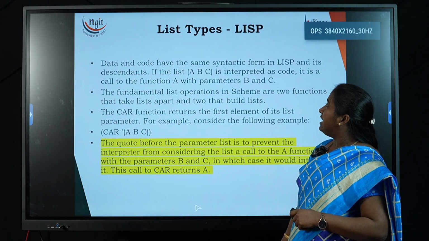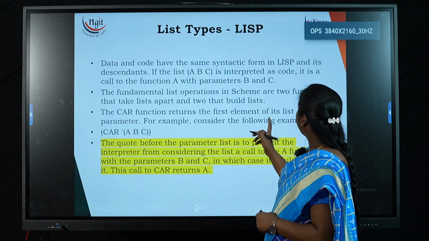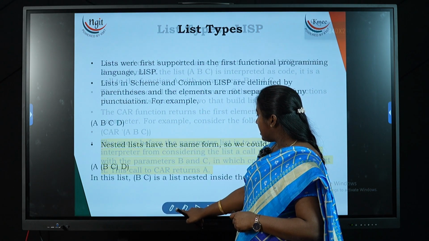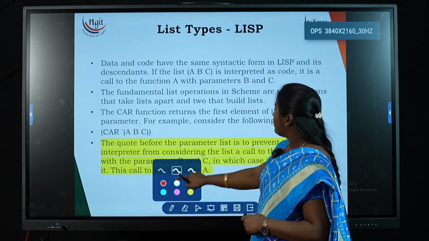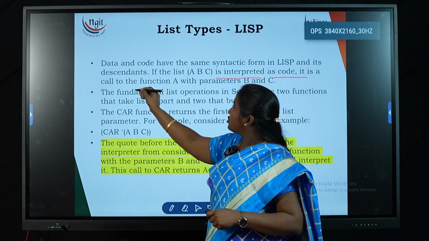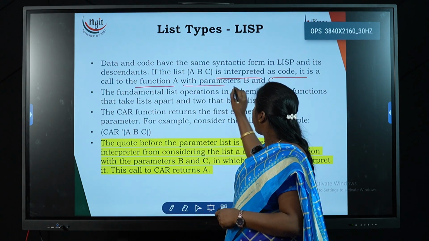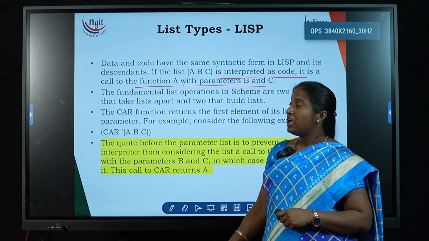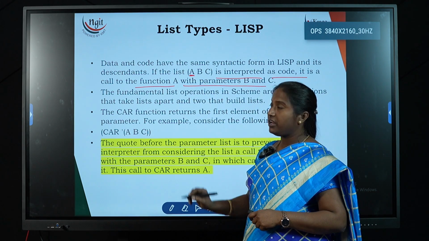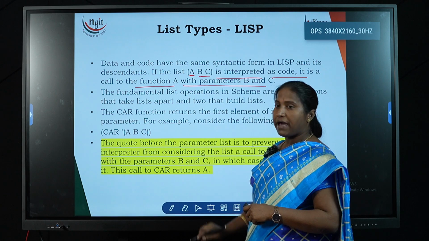Now data and code have the same syntactic form in Lisp and its descendants. If the list is A B C, ABC is interpreted as code, it is a call to the function A with parameters B and C. So basically we will be writing here the function name and these two are what? Parameters.